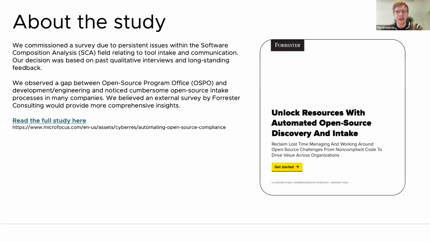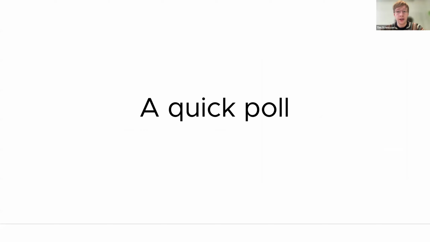There are also big communication issues around how you communicate corporate policy to the developers who do the intake. We also wanted to understand the market fit for Open Source Select, which I will talk more about later.